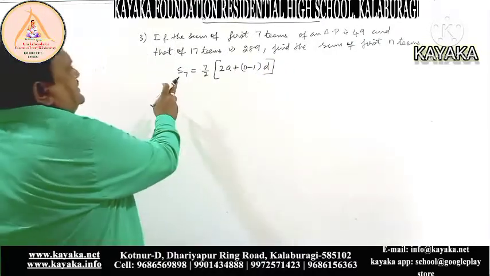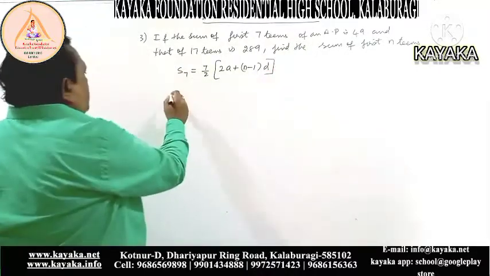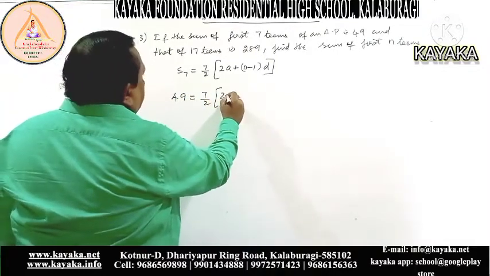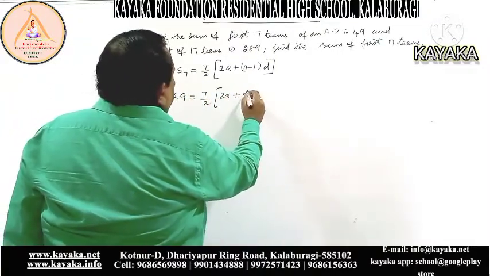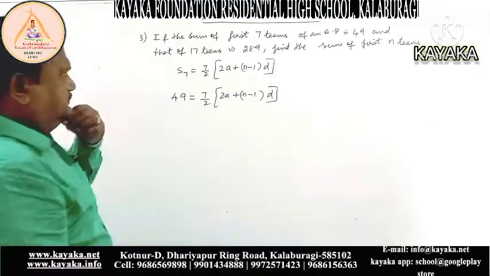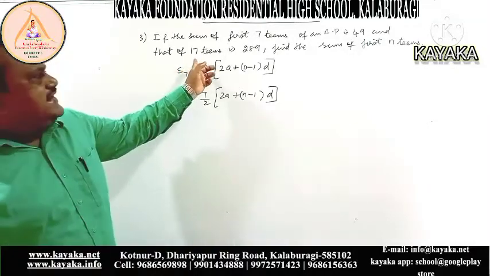Now instead of this S7, it is 49, they are given. Therefore, 49 will be equal to 7 by 2 into 2A plus n minus 1 into D. Next, what they given is the sum of the first 17 terms.